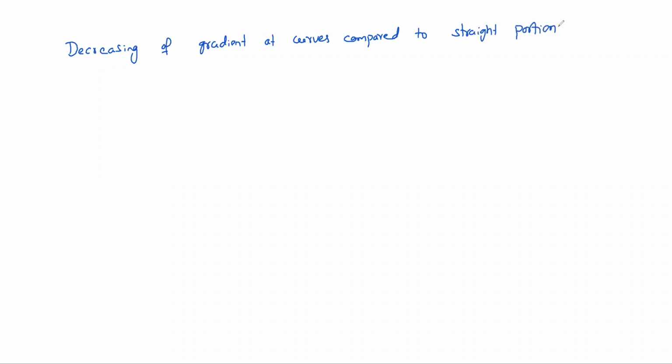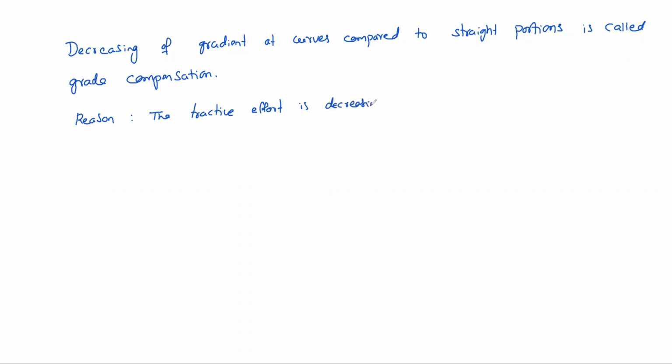This is called grade compensation. The reason is that the tractive effort is decreasing from T to T cos alpha, where alpha is the turning angle.